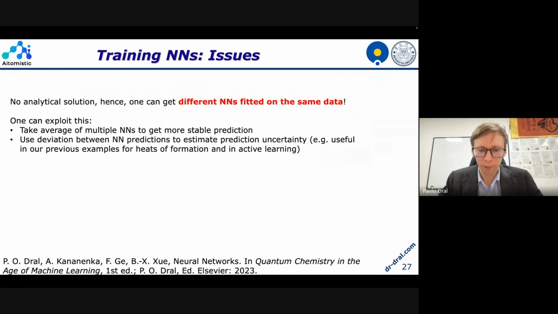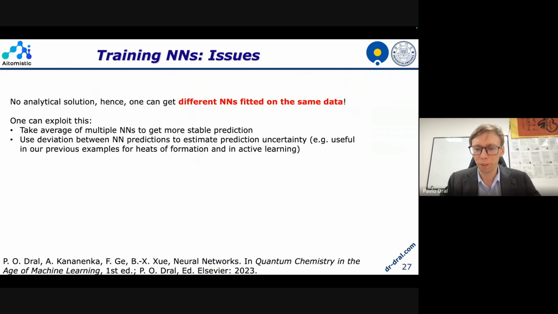You can make use of that by taking the average of multiple neural network predictions, and then you get a more accurate, more stable prediction. And another very nice feature is that if you take the deviation between neural network predictions, you can estimate prediction uncertainty. That is one of the standard techniques used for active learning, for example.